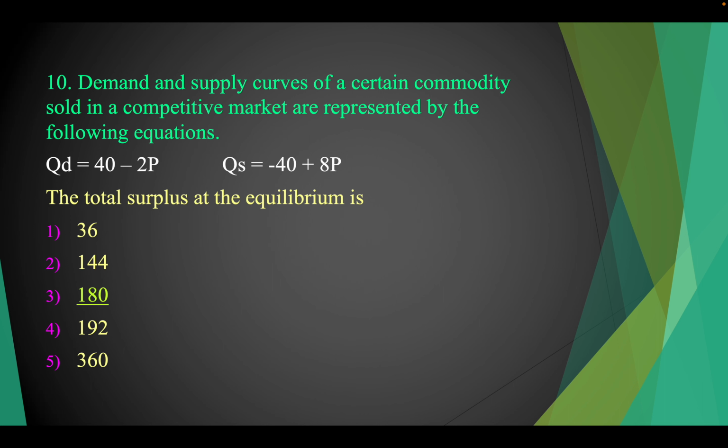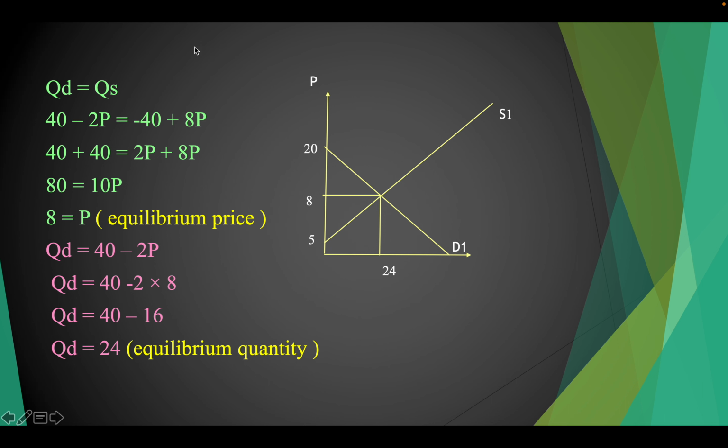First of all, you have to solve these equations, that means you have to find out the equilibrium price and equilibrium quantity. You equate both QD and QS, then the same amounts go to the same direction. So 40 minus 40 goes to here, it is plus 40, and 2P goes to here, it is plus 2P, and the other is minus 2P; when we take it to here, it is plus 2P.